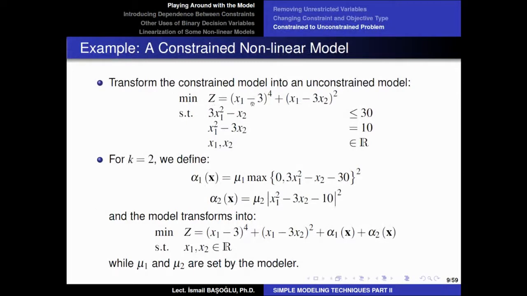The objective value is (x1 - 3)^4 + (x1 - 3x2)^2, and we are trying to minimize this summation. So we have a polynomial type of objective function here, and obviously this is a multimodal objective function.